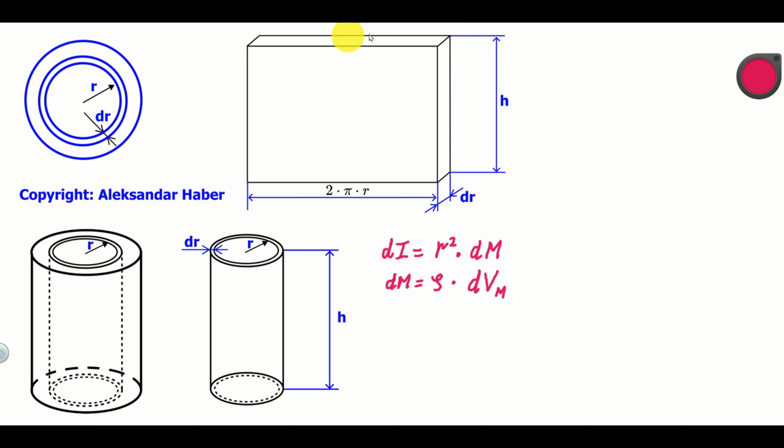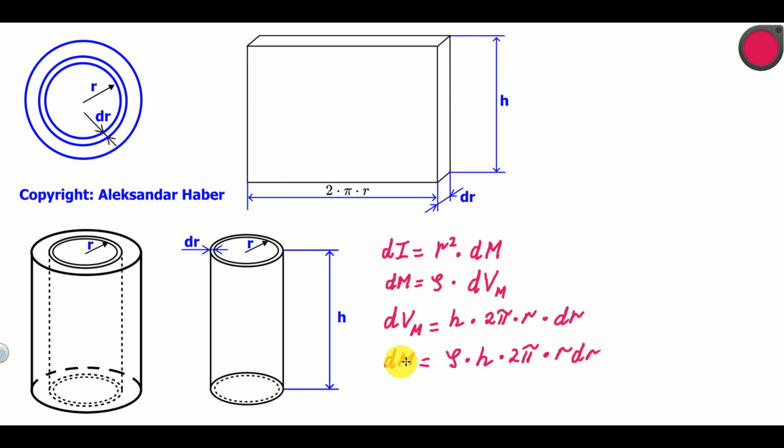Well, from this figure over here, we can see that dV is simply equal to h multiplying 2 pi multiplying r multiplying dr, and that's it. If we substitute this expression for dV in the expression for dm, we obtain that dm is equal to rho multiplying h multiplying 2 pi multiplying r dr.